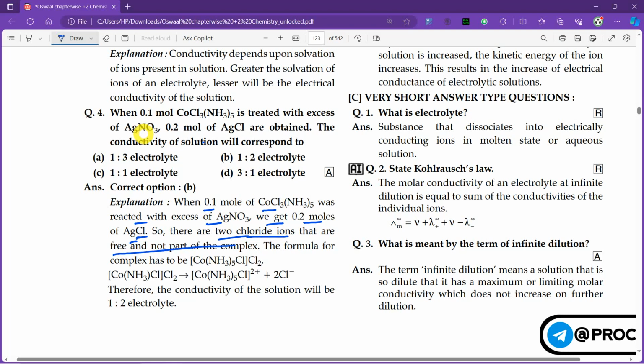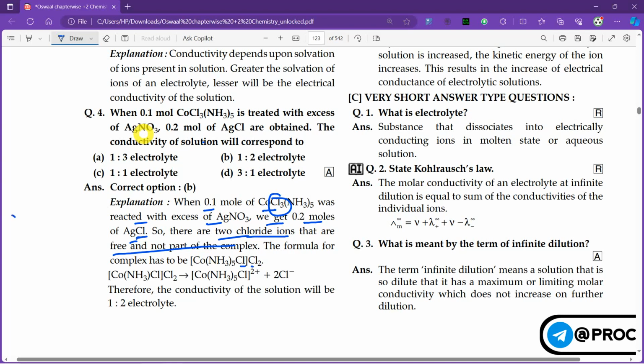So we can write the structure as: among the three chloride ions, one should be inside the complex and two should be outside the complex, so that those two chloride ions can react, right? So let me write it here clearly.